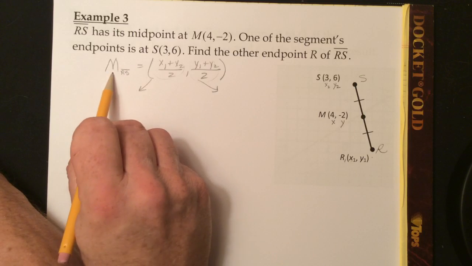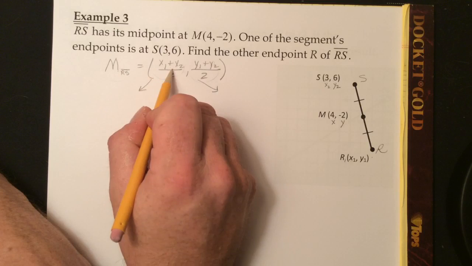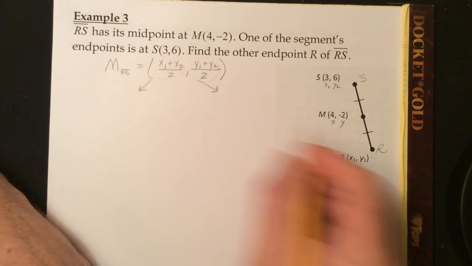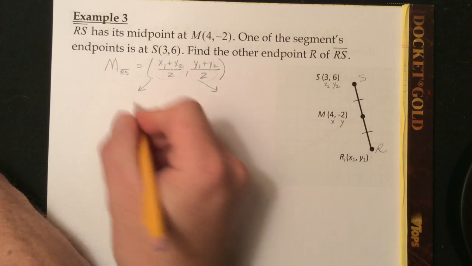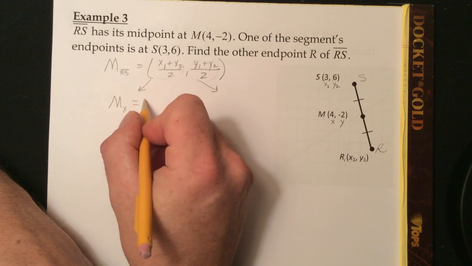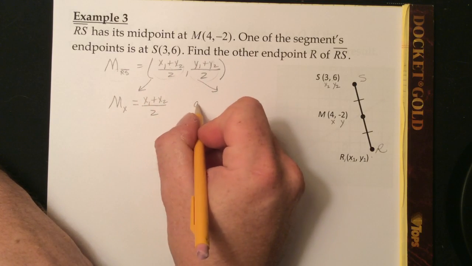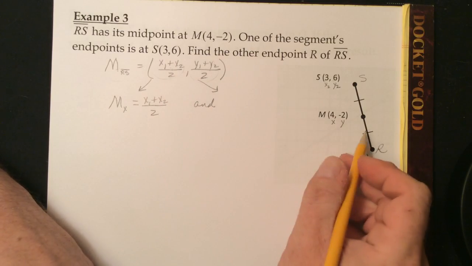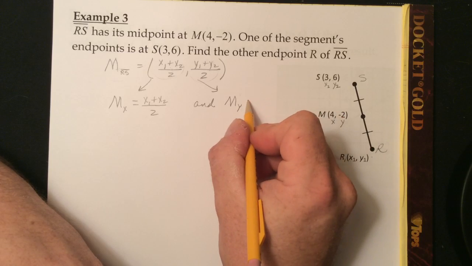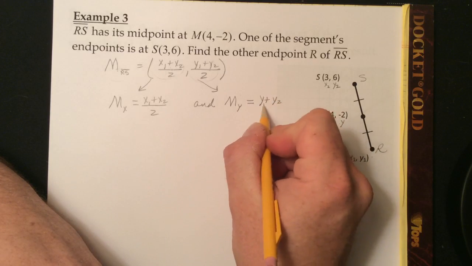Well, the midpoint has an x and a y value also, so whatever the midpoint's x value is goes with the first part, and whatever the y is goes with this one. So the midpoint x-coordinate is x1 plus x2 over 2. And for the y part of this, we have the midpoint y-coordinate equals y1 plus y2 over 2.